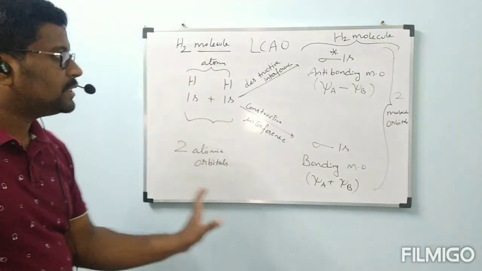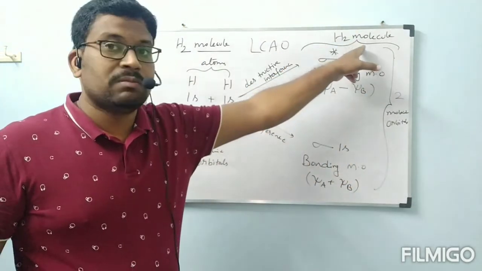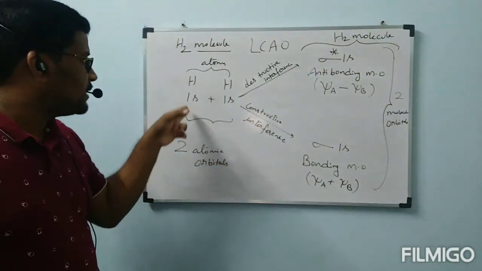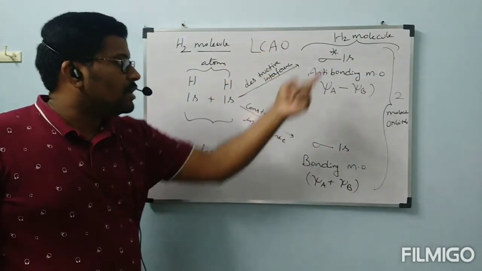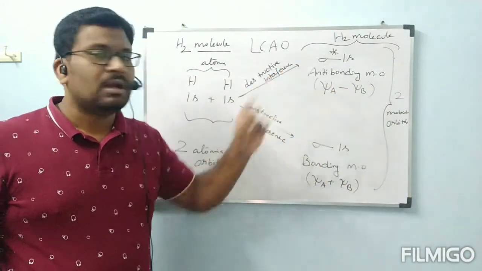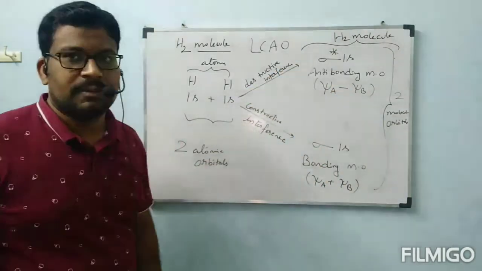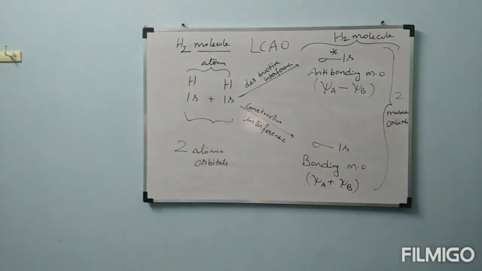This is H atom, this is H atom. Those two are combined by the process LCAO to form two types of molecular orbitals. One is bonding molecular orbital and another is anti-bonding molecular orbital. This is the representation of bonding and anti-bonding molecular orbitals.